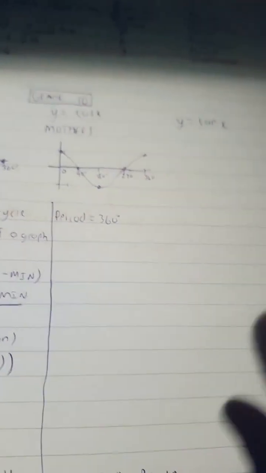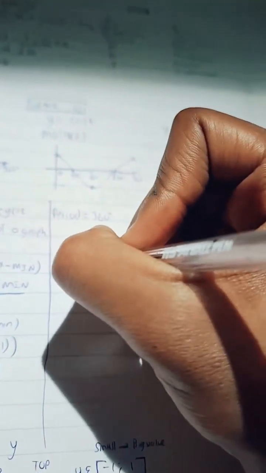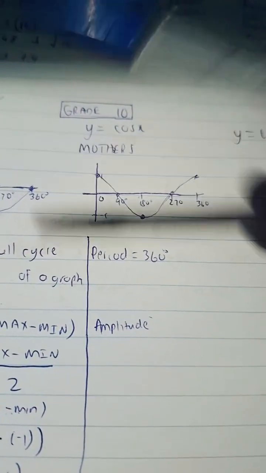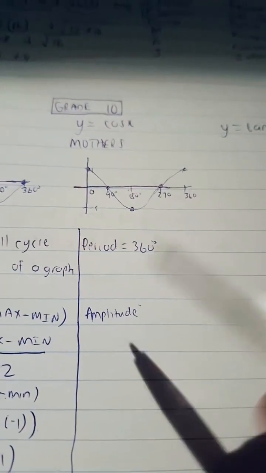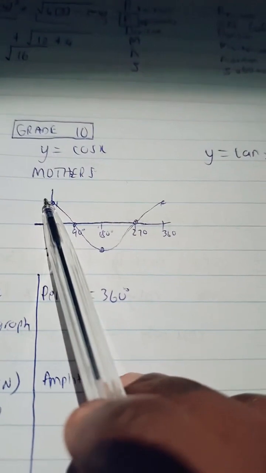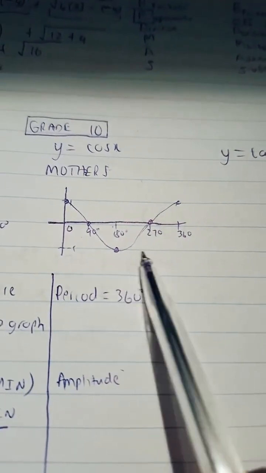Okay. We explained what period is. What about the amplitude? Amplitude is the distance from the position of rest to the maximum. Or in other words, we can say half the what? We can say maximum minus minimum divided by 2. So we do the same thing here. What is the maximum? Once again, we have positive 1. What is the minimum? Again, we have negative 1 for the mother graph.